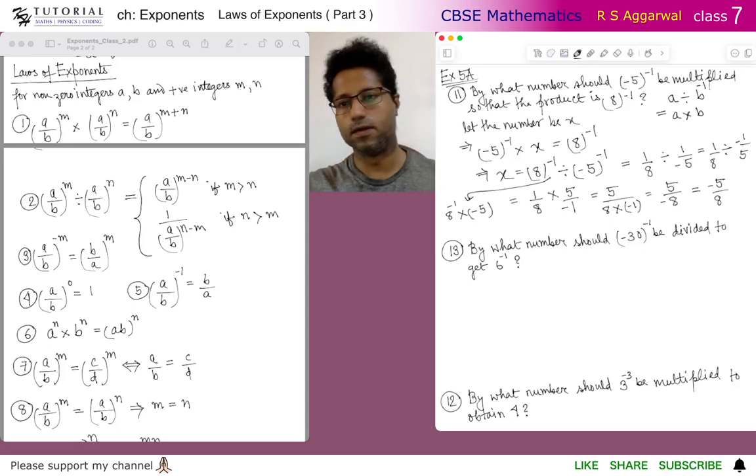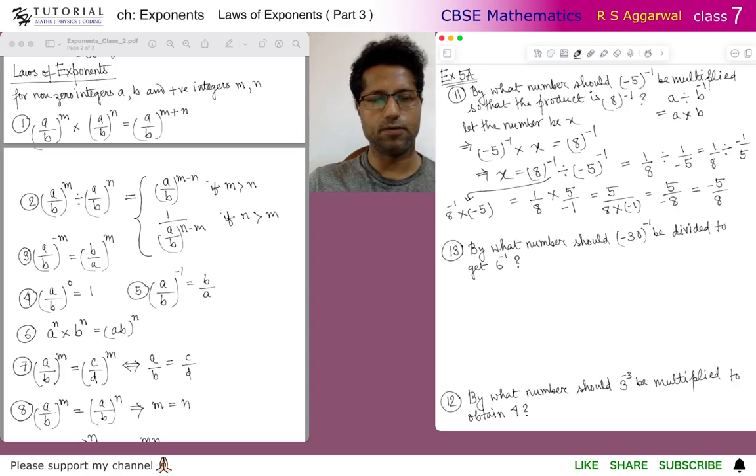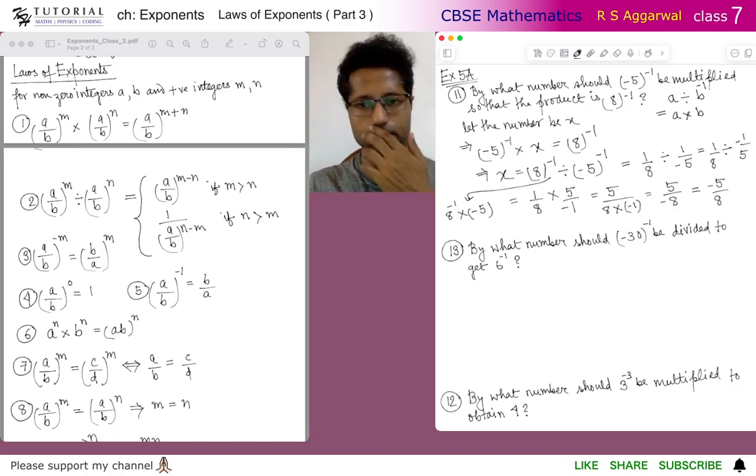This would have saved a little bit of time, but it's okay, no problem. You can always try to solve this problem step by step using the fundamental laws of exponents, and don't try to be over smart. Use the fundamental laws, go one step ahead, and then slowly solve the problem. In that way you won't make any mistake.